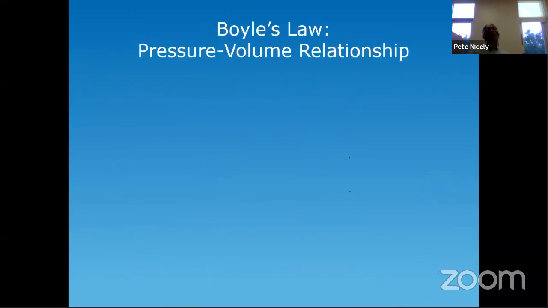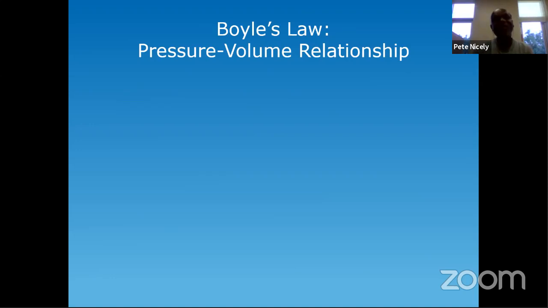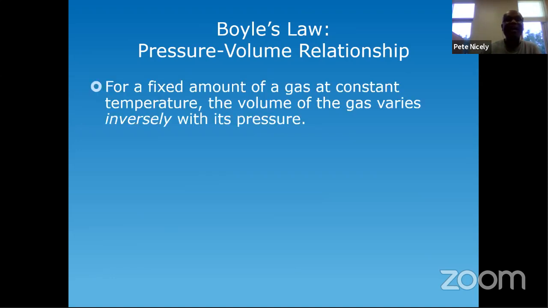Okay, so what we're going to look at from here on to the rest of the chapter are some laws which govern the behavior of gases. The first law we're going to look at is Boyle's law, which relates the pressure of a gas to the volume. In words, Boyle's law can be stated as: for a fixed amount of gas at constant temperature, the volume of the gas varies inversely with its pressure.